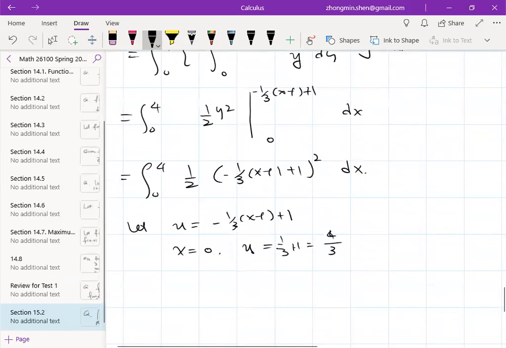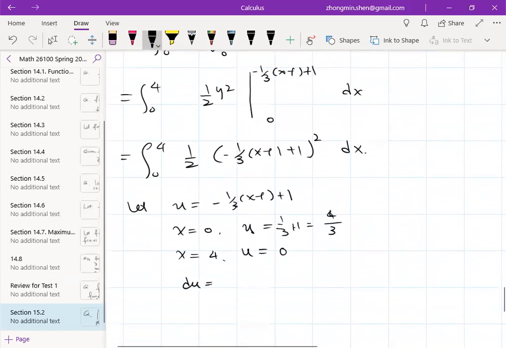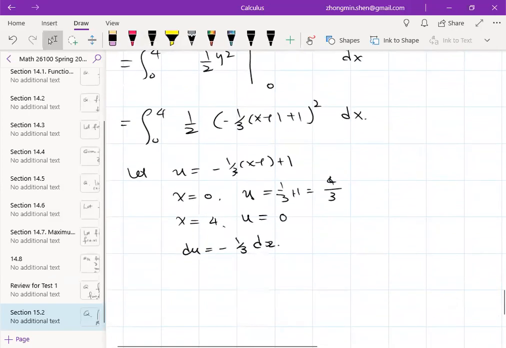Not too bad. When x equals 4, the u value is 4 minus 1, which is 3, divided by 3, negative 1, plus 1. It's going to be 0. Cool. So du equals negative 1/3 dx, or dx equals negative 3 du.